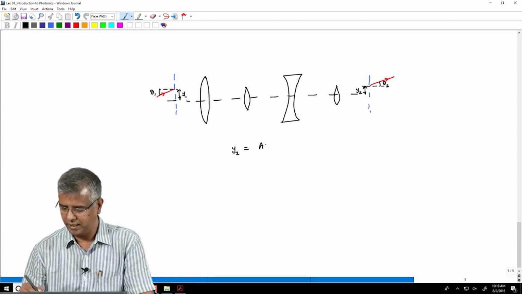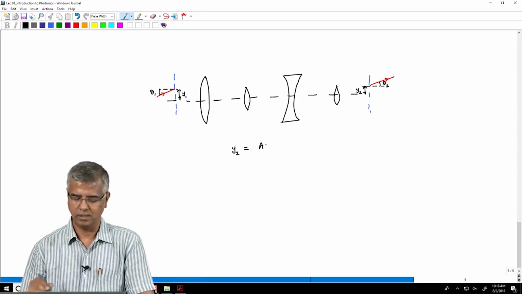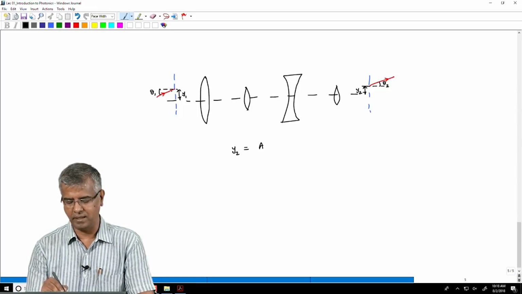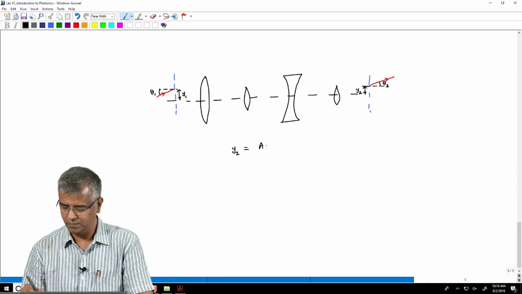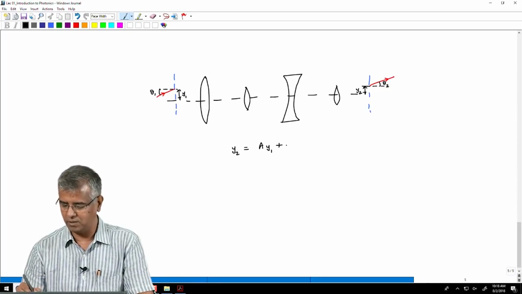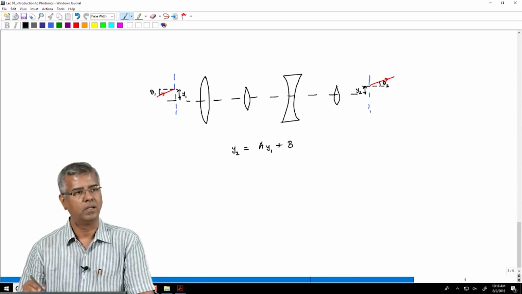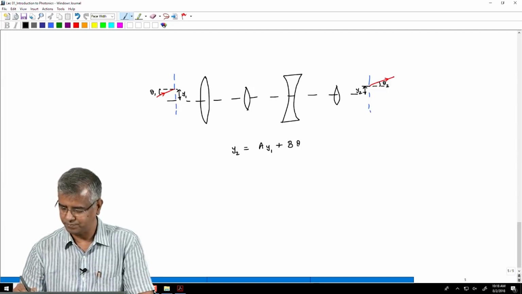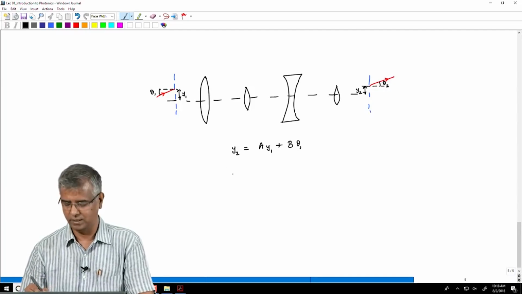Basically, you say it has some dependence on where the ray is entering the system, so y1, and it has some dependence on what angle the ray is entering the system, theta 1.